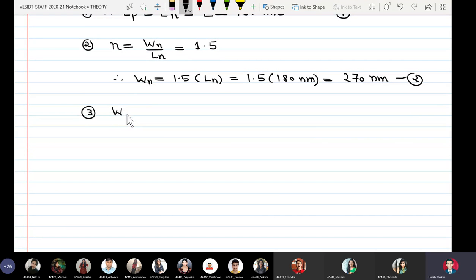Third, width of PMOS is 2.5 times width of NMOS, which comes out to be 2.5 into 270 nanometers is equal to 675.